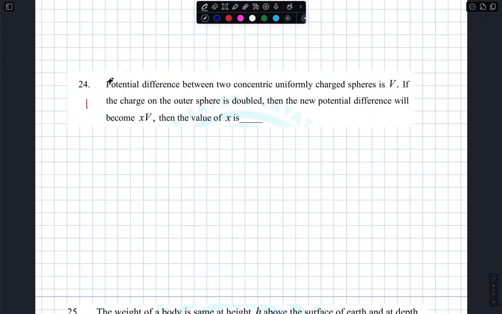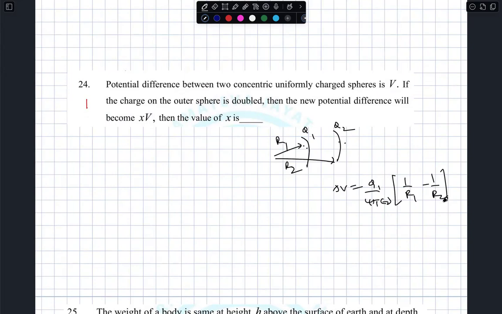Potential difference between two concentric uniformly charged spheres is V. If the charge on the outer sphere is doubled, then the new potential difference will be... remember, when you have two such spheres, R1, say R2, the potential difference strictly depends on the charge on the inner sphere, Q1 by 4 pi epsilon naught times 1 by R1 minus 1 by R2, independent of the charge on the outer sphere.